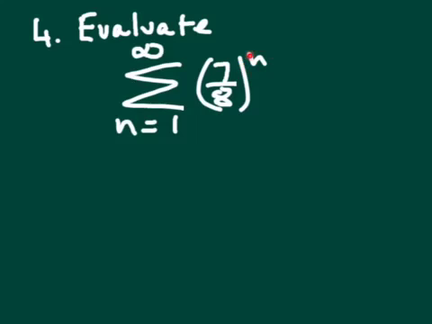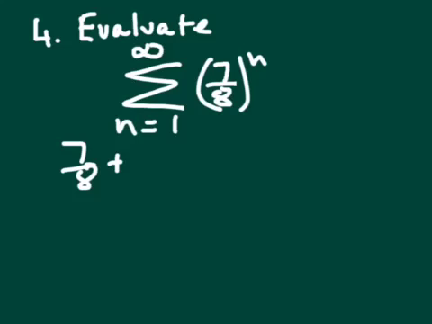To find the first term, you simply substitute n equals 1 into this expression, and you'll find that 7/8 to the power of 1 is 7/8, isn't it? And the second term is found by substituting n equals 2 into this expression.